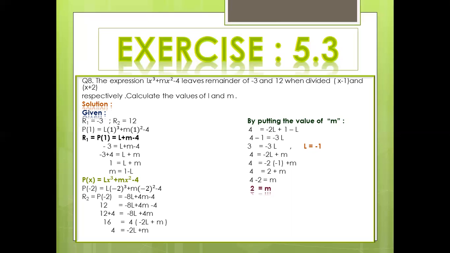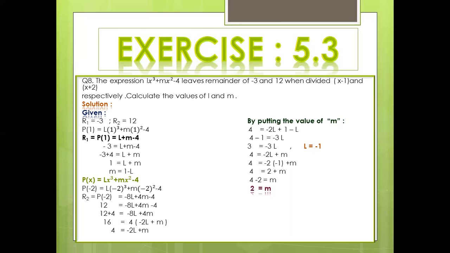In minus 8L plus 4m, 4 is common. We take 4 common and we divide 16 by 4. Now the complete equation is 4 is equal to minus 2L plus m. We have already found the value of m from equation 1, which is m is equal to 1 minus L. Now we put the value of m in this equation.